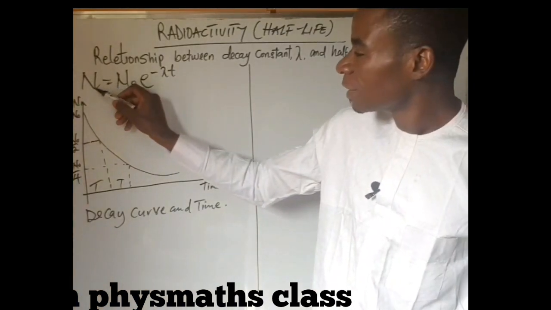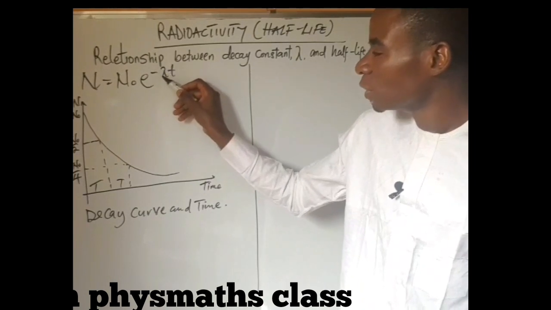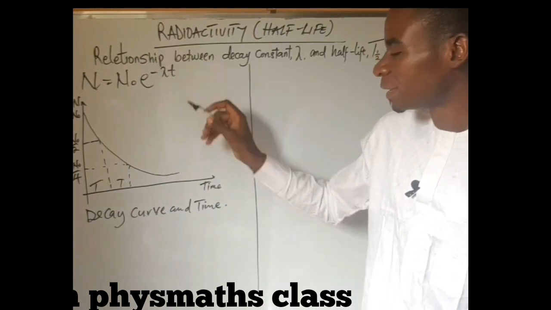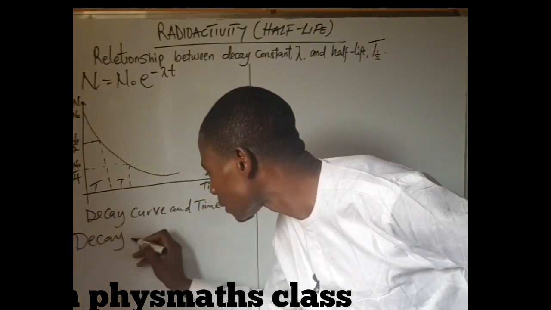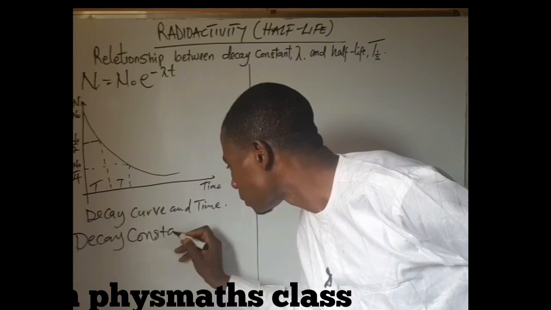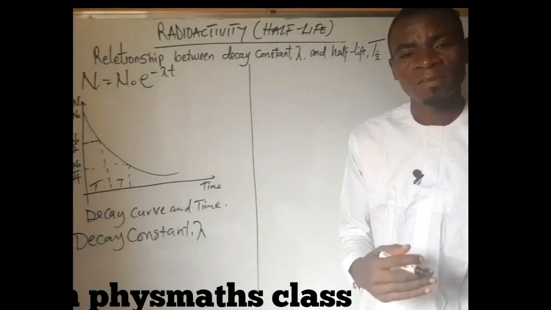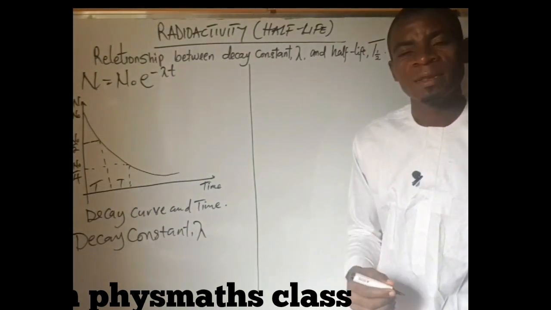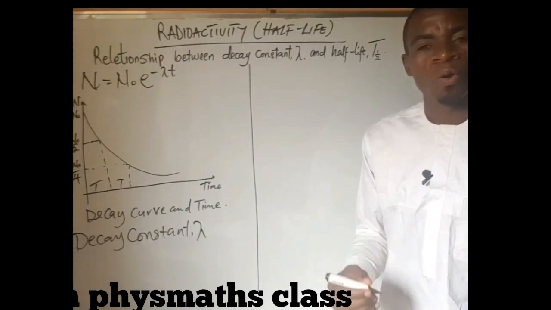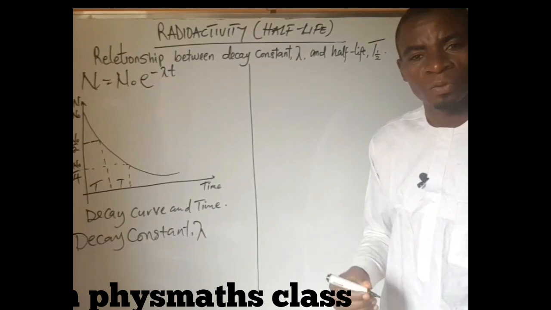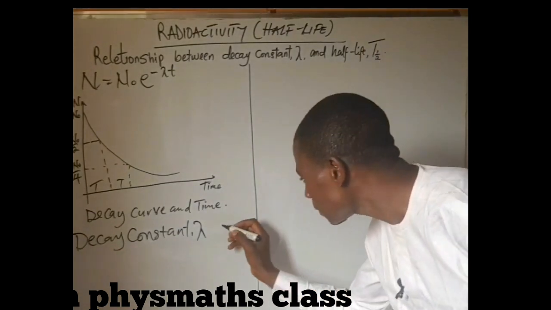Now we have looked at the graph of N and t. Now this is what we call the constant, and this constant is called the decay constant, represented by lambda. What is then the decay constant? We can define decay constant as the instantaneous rate of decay per unit atom of a substance.